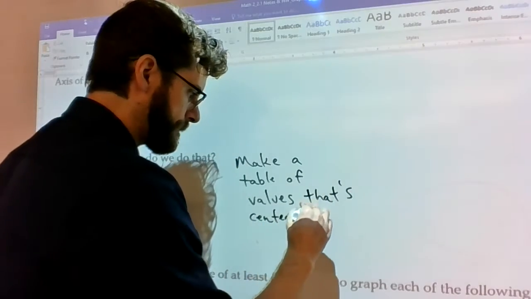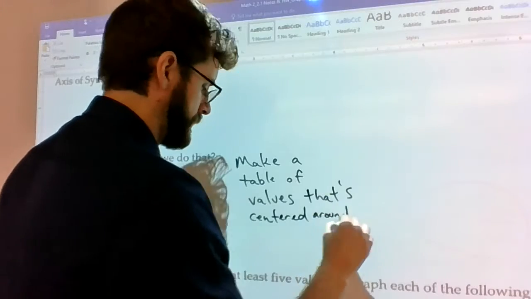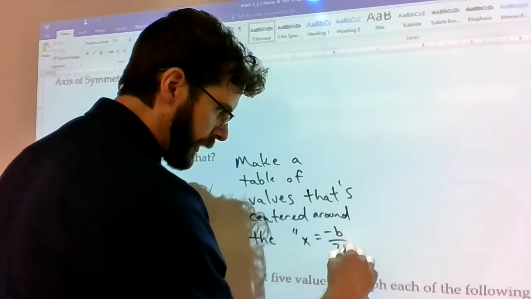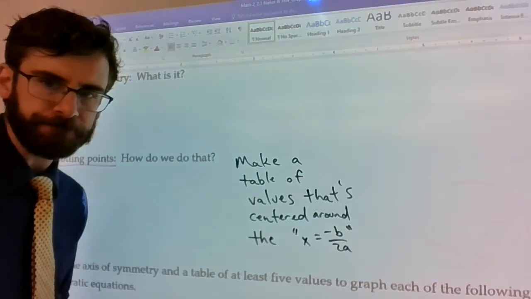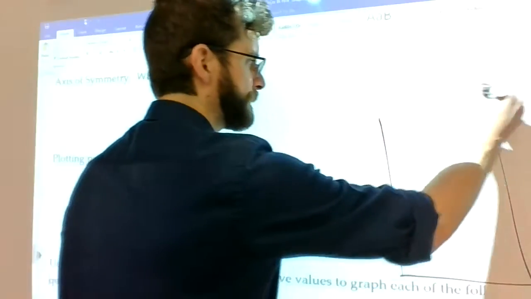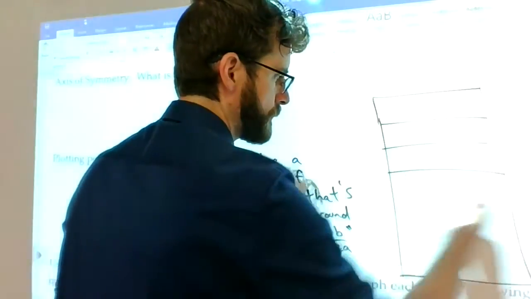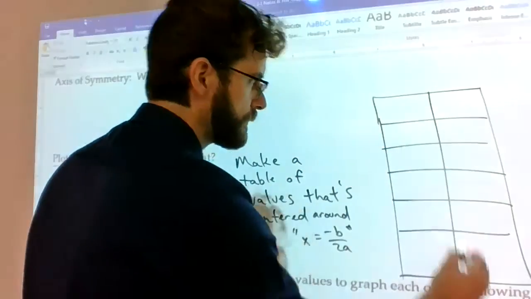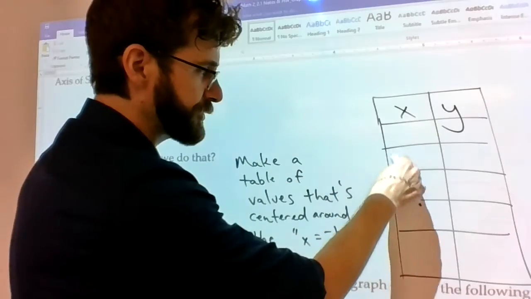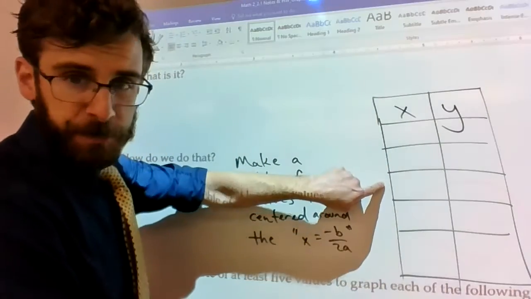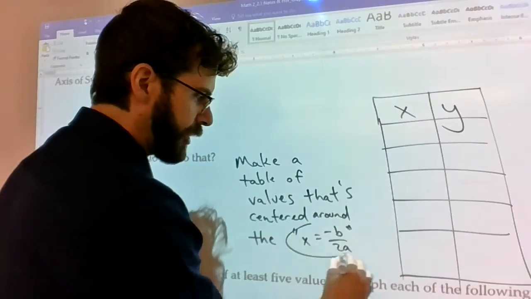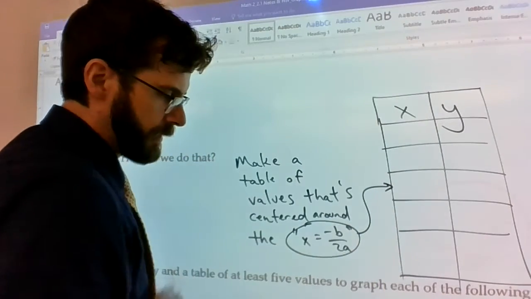That's centered around the x equals negative b over 2a. So here's what that would look like. You've got your table, X and Y. I'm just going to require 5 points. 1, 2, 3, 4, 5. The centerpiece is going to be your axis of symmetry. So the axis of symmetry goes right there in the middle.